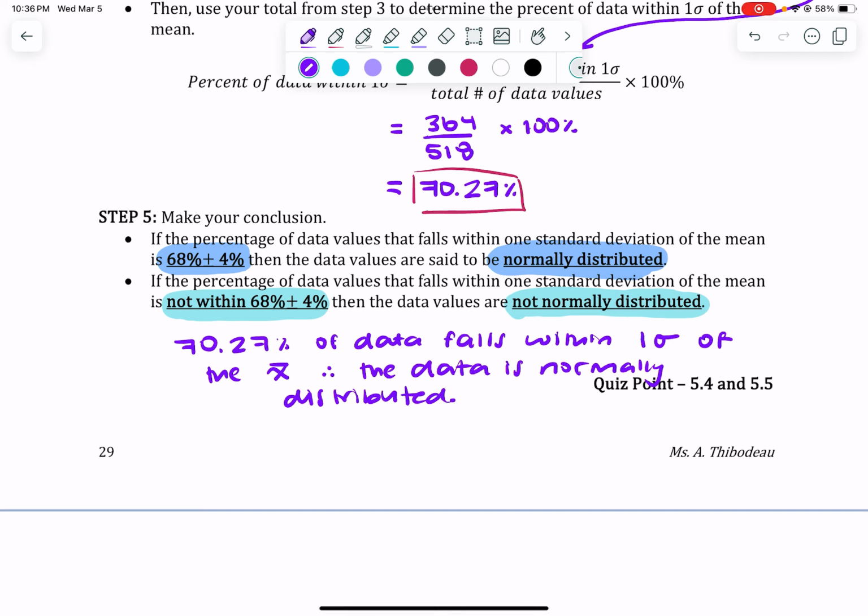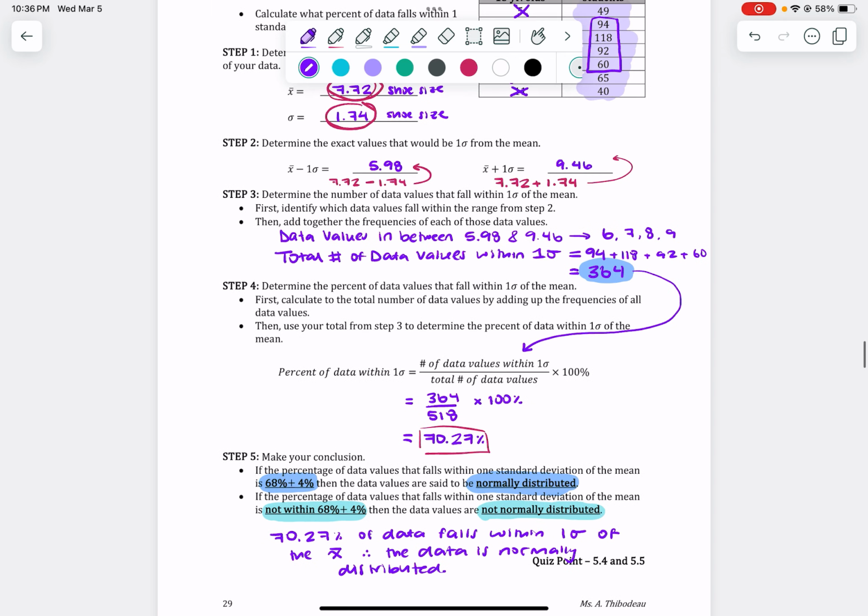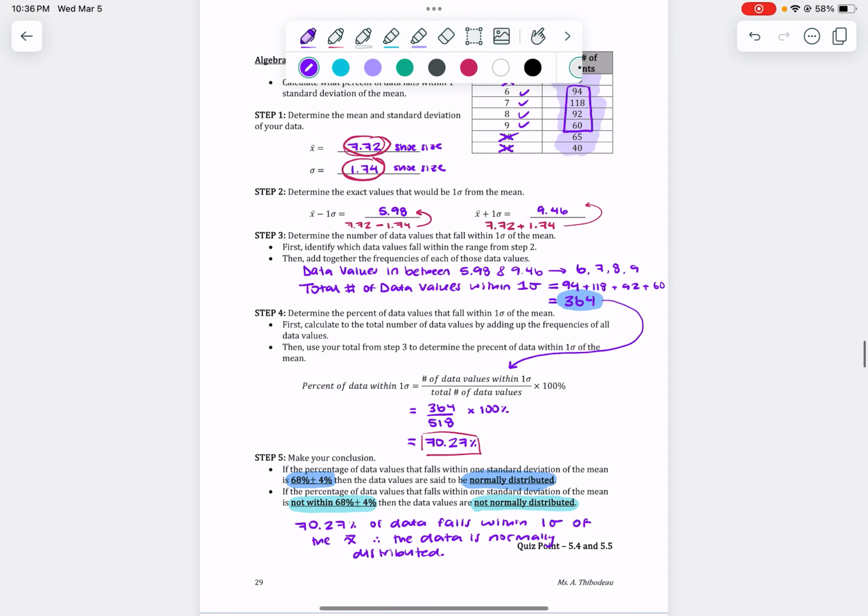Okay. So when I take a look at the algebraic piece, obviously my data is going to change every time. My numbers are going to change every time. I'm going to get slightly different calculations, but I do have 5 steps. Just to reiterate, step 1, I'm calculating that mean and that standard deviation.